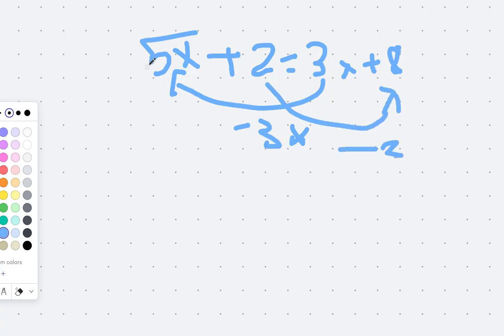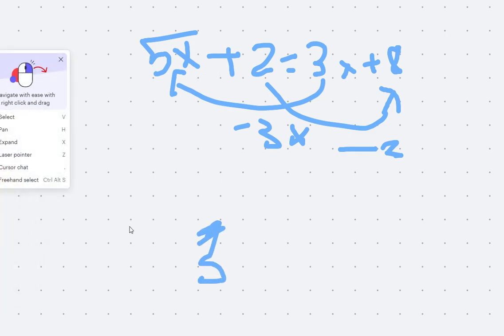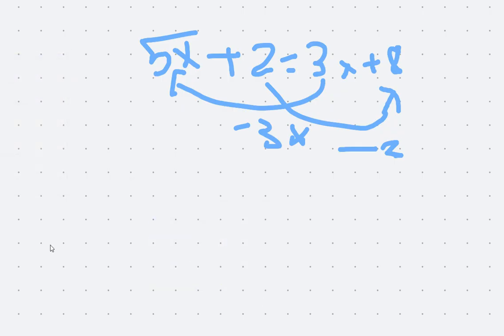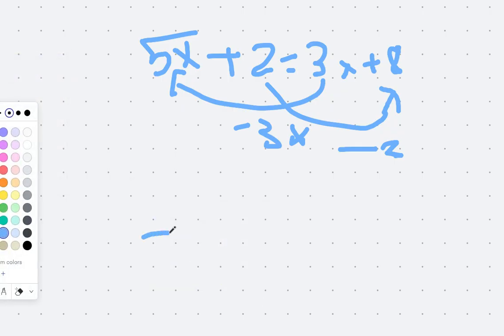So you get, what's 5 minus 3? 2x, sorry. 5 minus 3 is 2x. So sorry for that mistake. 2x. Take the 2 here. You'll get 8 minus 2 is 6. So you get x equal to 3.